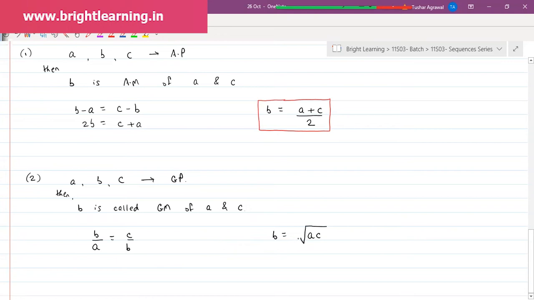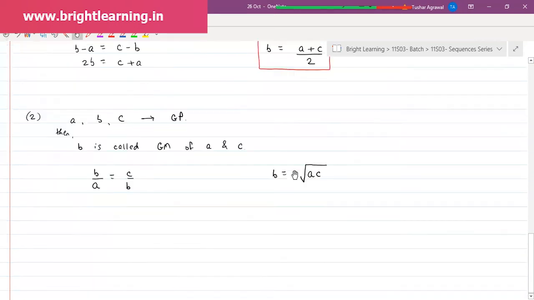Of course, the negative one will also be a geometric progression, just as the positive one is. If you take the negative value of the root, that also will be a geometric progression. For example, find the geometric mean of 5 and 80.